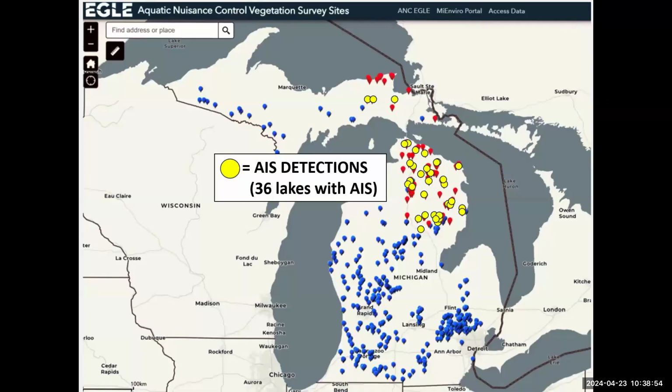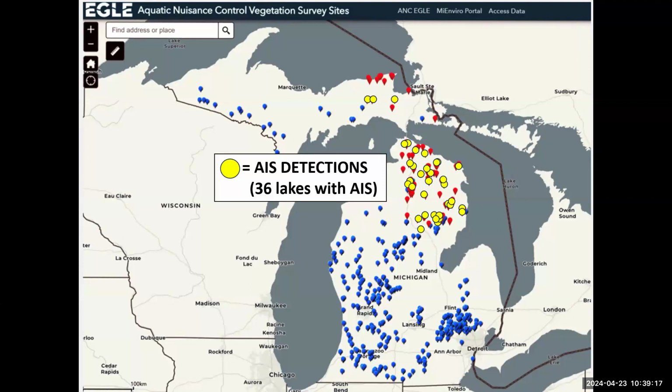Looking at the AIS detections that we observed, 36 of the 75 water bodies we sampled over the last 2 years had AIS present. There are some water bodies, of course, that are much more invaded than others. Many of these 36 only had like a single detection.